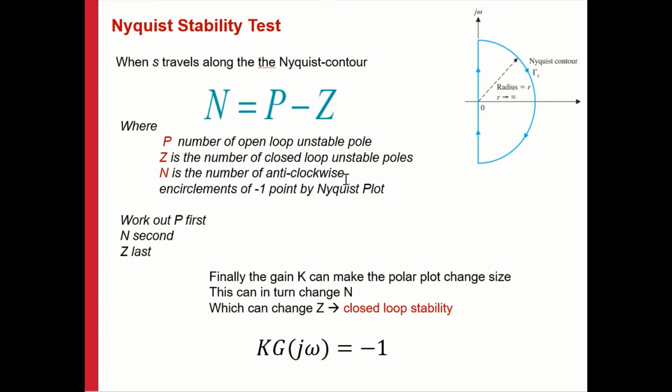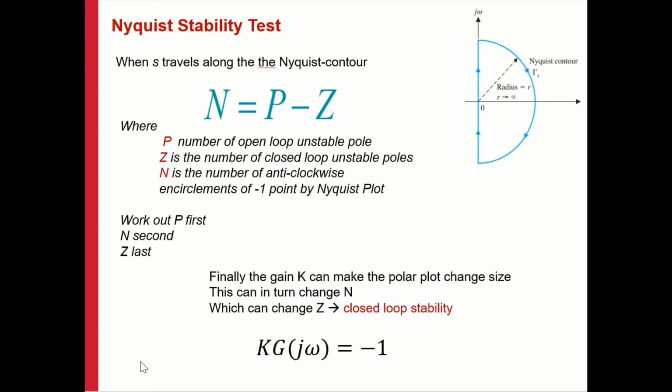And then N is the number of anti-clockwise encirclements of the -1 point by the Nyquist plot. So we have to get this from plotting a polar plot and a mirror image of the polar plot. And when you compute these things, you always work out P first, N second, and Z third.